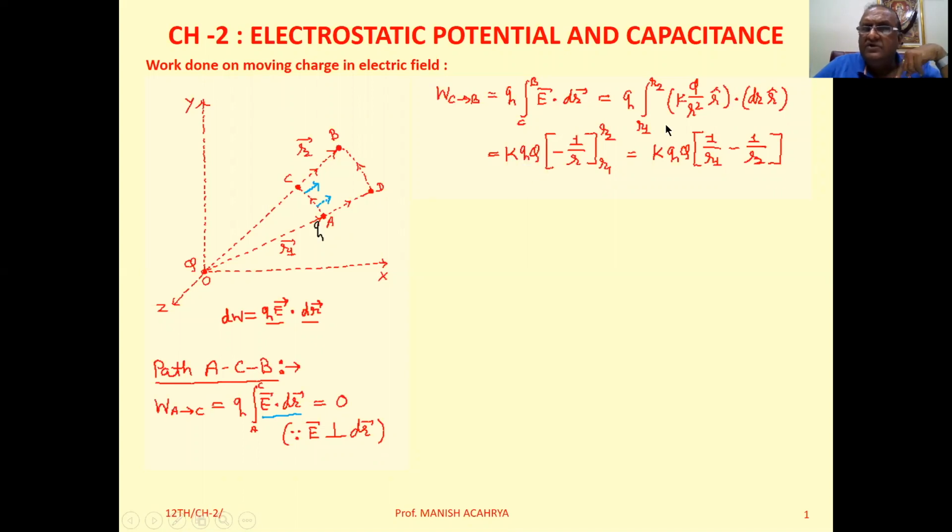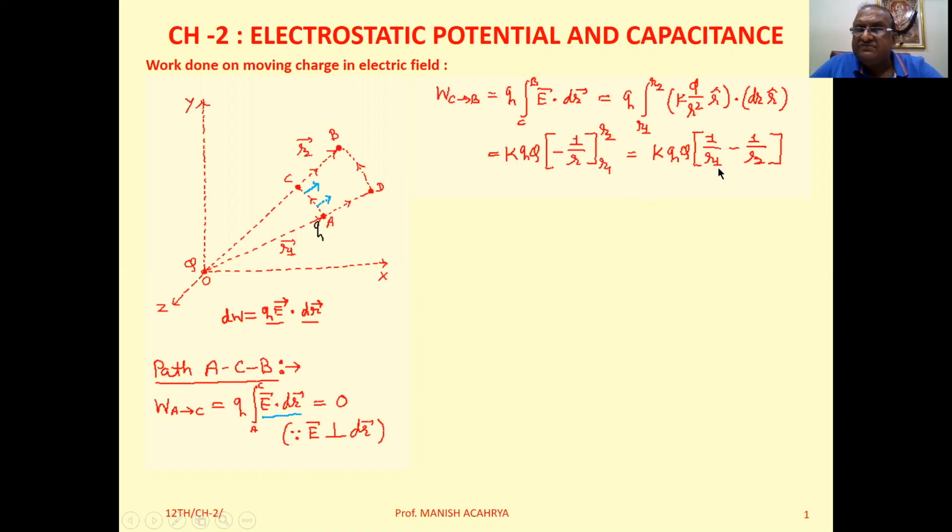KQq into the integration of 1 upon R square. So that is actually R raised to minus 2. So the integration is R raised to minus 2 plus 1 upon minus 2 plus 1. So resultantly it will be minus 1 upon R, and the limits are R1 to R2.